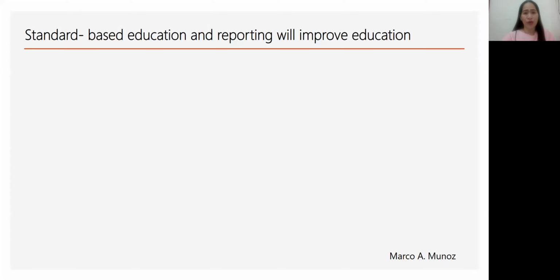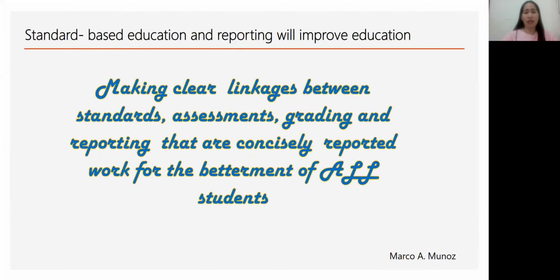According to Marco A. Monius, standard-based education and reporting will improve education by making clear linkages between standards, assessments, grading, and reporting that are concisely reported, working for the betterment of all students.